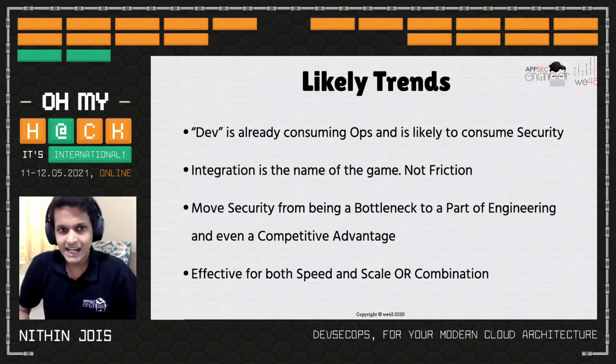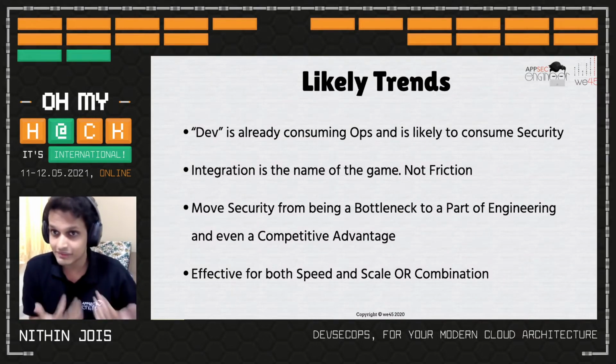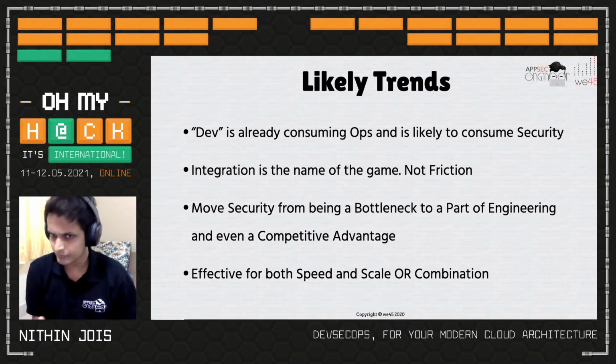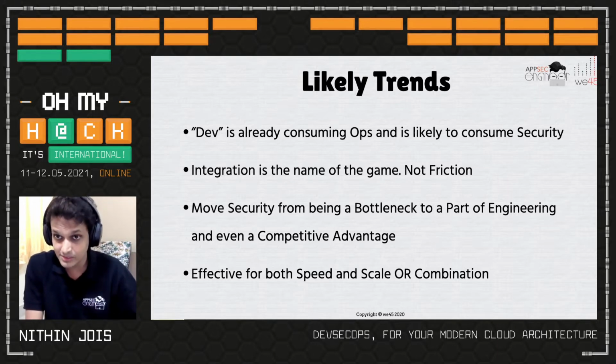So when you look at the likely trends, developers are already consuming ops, right? So especially with what I previously spoke about, infrastructure as code, developers are already writing Kubernetes YAML specification files. They're already writing Terraform files, probably Ansible files, and serverless.yaml specification files.